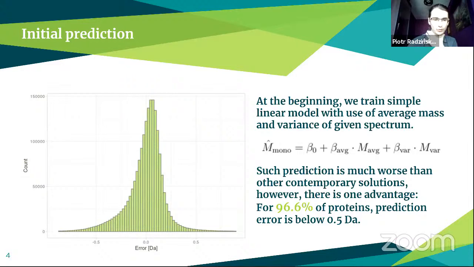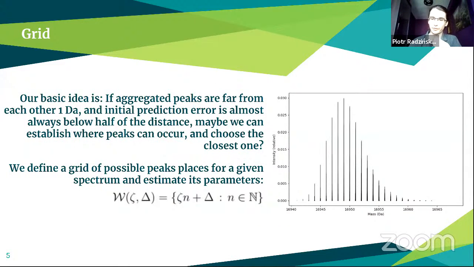And why is it so important? If we look at the spectrum, then we see that aggregated peaks are far from each other, not equal, but approximately 1 Dalton.